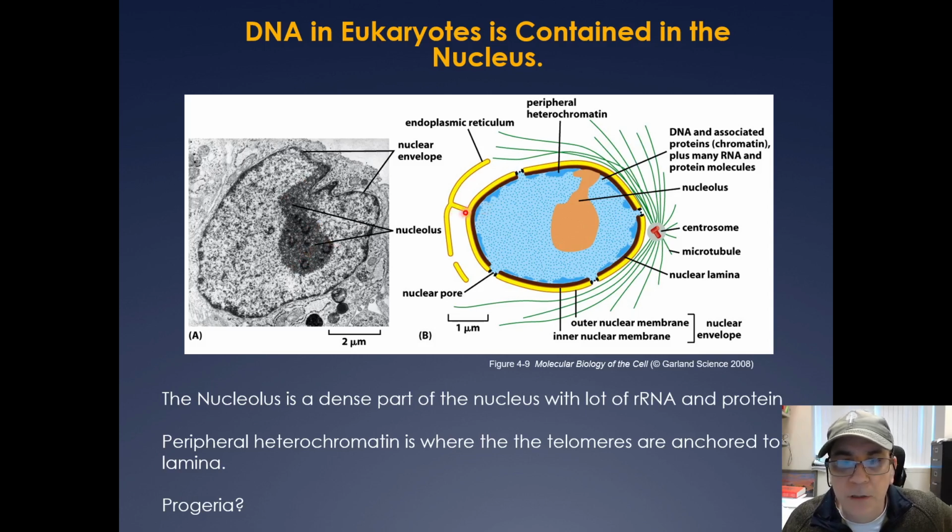The other thing that you need to know is the nucleus is enclosed by the nuclear envelope. Okay, which is contiguous with the endoplasmic reticulum. There is an outer nuclear membrane and an inner nuclear membrane, and the way things get in and out of the nucleus is through the nuclear pore.